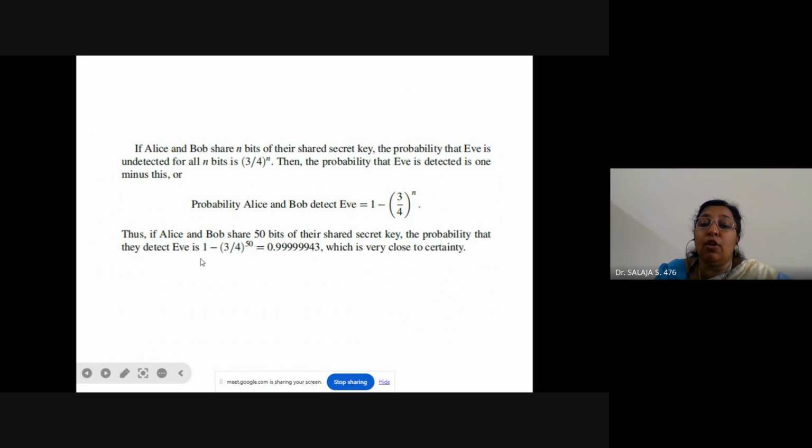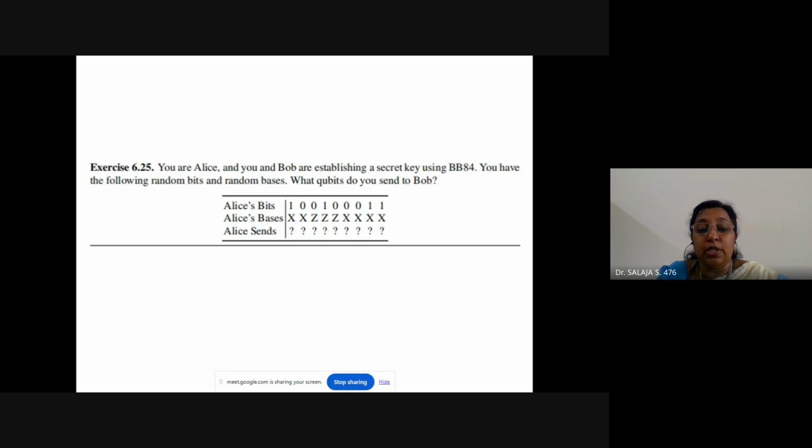So the probability of Alice and Bob detecting Eve is 1 minus (3/4) to the power n. If we share 50 secret bits, then it is 1 minus (3/4) to the power 50, which means the way you detect Eve is with 0.999 probability, which is very close to certain detection. Fine. So this is how the BB84 algorithm performs it.